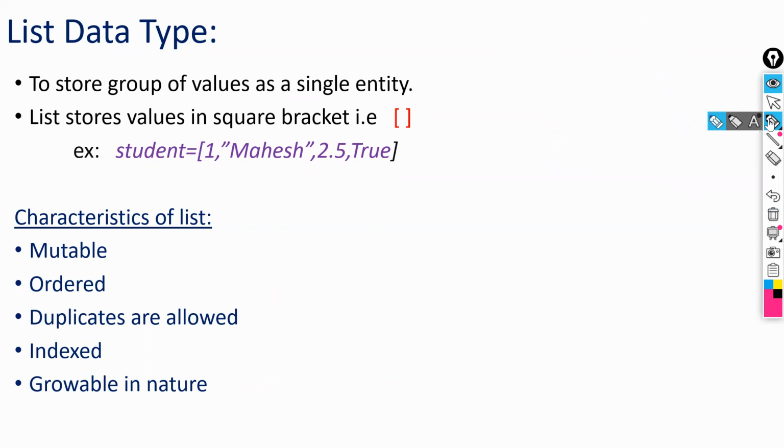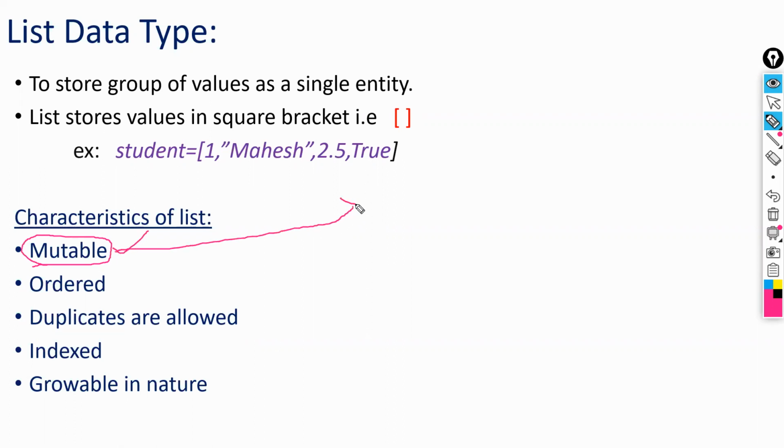Now, what are the different characteristics associated with the list data type? The first one is mutable. I think this is the most important feature of list or collection data types. What do you mean by mutable?